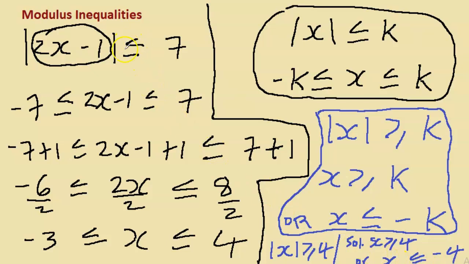So if this was the problem, and of course these would still be your critical values, what would be your solution? x is greater than or equal to 4, or x is less than or equal to 3, which is saying something different from saying x is between the values.